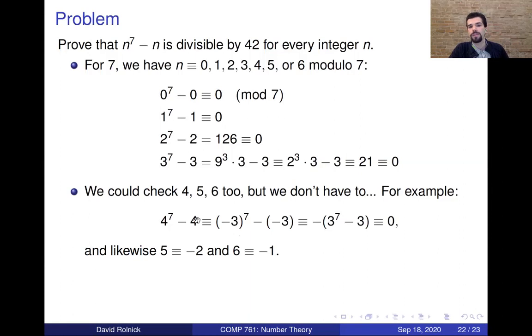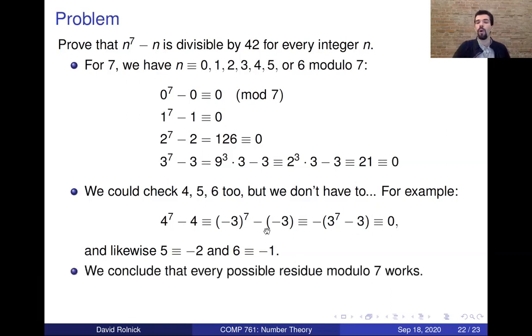For n to the 7 minus n, changing that to negative of negative n, this is just the negative of 3 to the 7 minus 3. We know that 3 to the 7 minus 3 is 0. So 4 works. We don't even have to do any calculation. And likewise for 5 and 6, the negatives come out, because 5 is the negative of 2 and 6 is the negative of 1. That means that all the possible residues modulo 7 work.